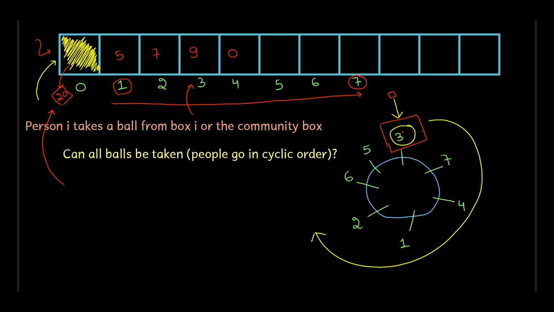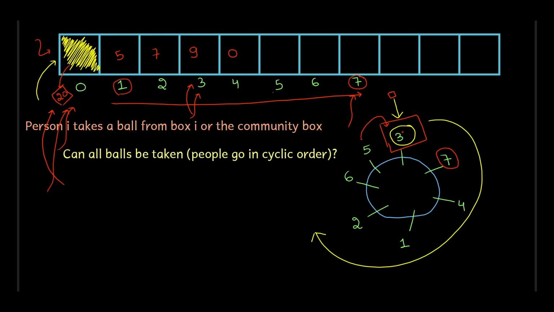Then the game moves on to the second person, which is this 7. So this person can either take one ball from their own box or one ball from the community box. And then the game continues around the circle until it reaches 5, and then wraps around and reaches this person, who will again make the same choice: select a ball from their own box or from the community box.